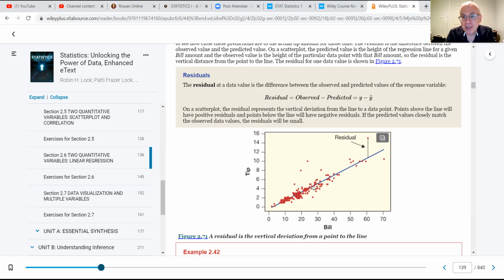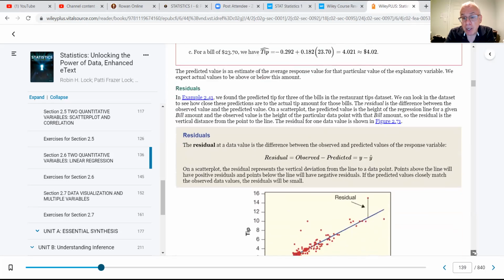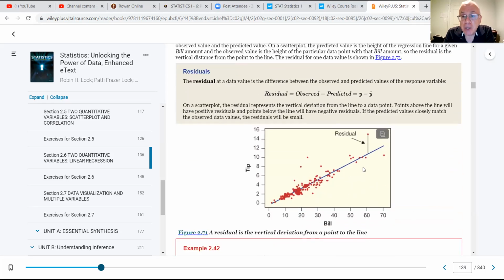In other words, we take the $27 bill and plug that 27 into the equation up here: replace bill with 27, multiply by 0.182, add negative 0.292, and we get our tip. That would be a predicted tip.